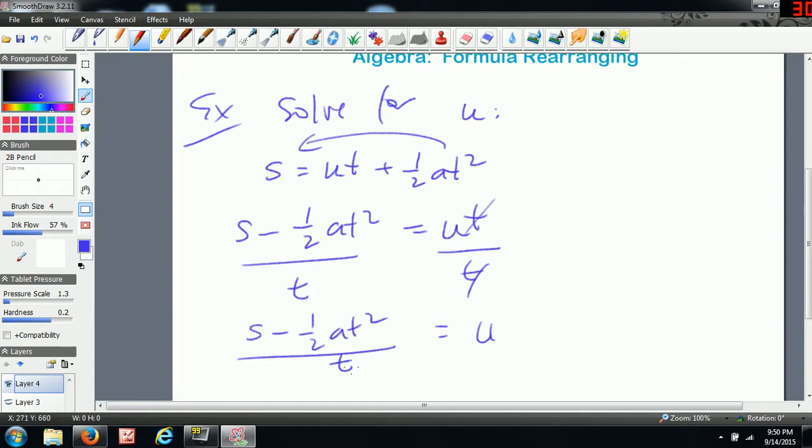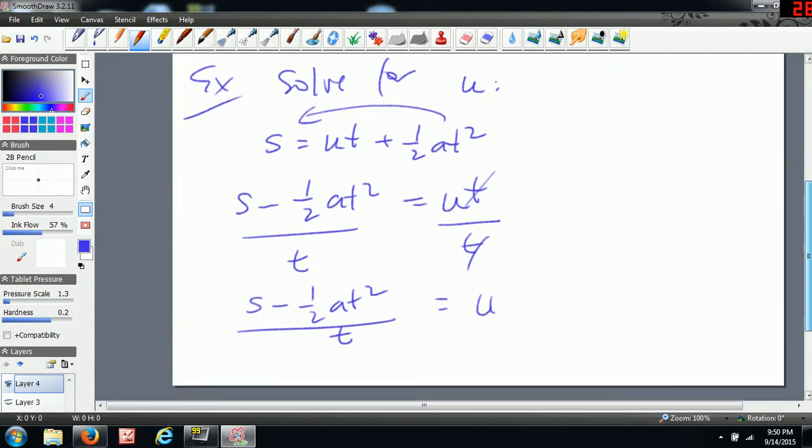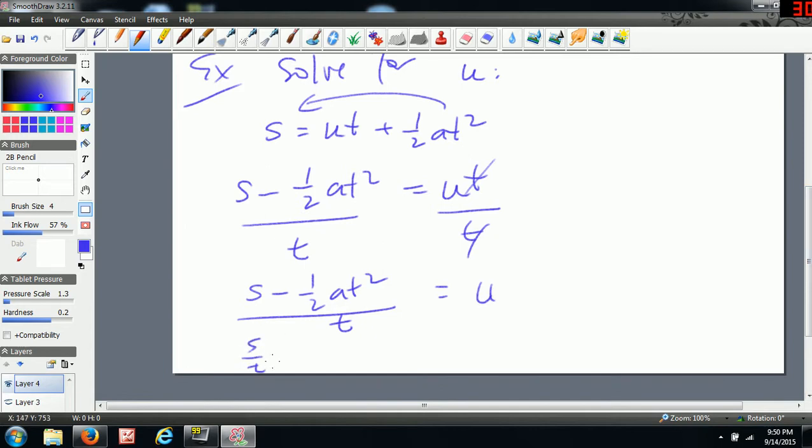So this is getting a little bit complicated. Now I could rewrite this as s over t minus 1/2 at squared all over t. So then we get s over t, and this actually cancels one of those, and we end up with 1/2 at. So that would be our answer for u.